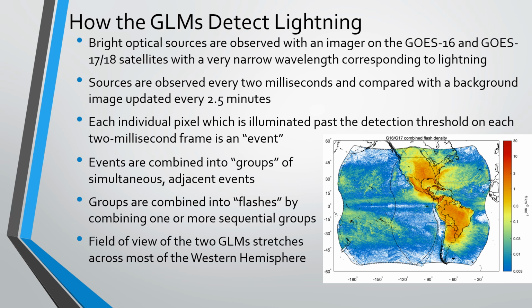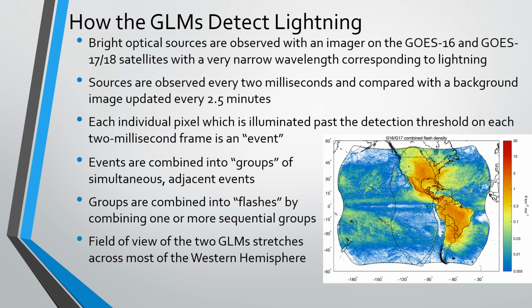So the sources that are bright when compared to that background image count as an illuminated pixel or an event. So each individual pixel that is illuminated past the detection threshold on each 2 millisecond frame is labeled an event. Those events are then combined into groups of simultaneous adjacent events. And finally, groups are combined into flashes by combining one or more sequential adjacent groups.